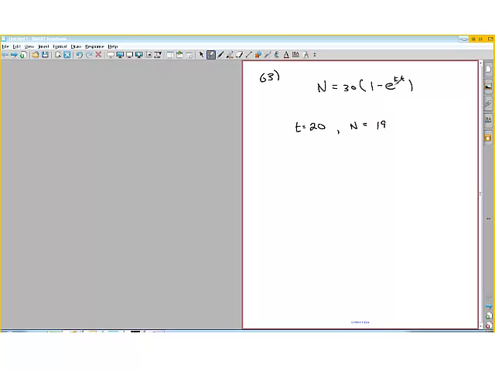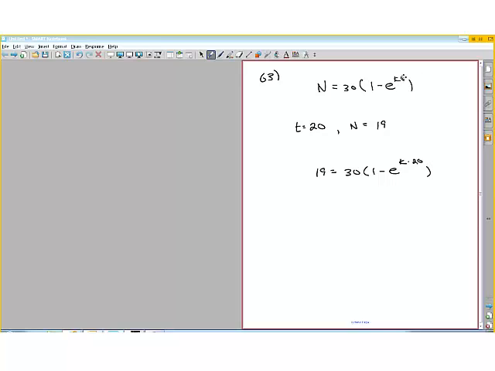If we plug T is 20 and N is 19 in there, we can solve for K. So we get 19 is equal to 30 times (1 - e^(k times 20)).